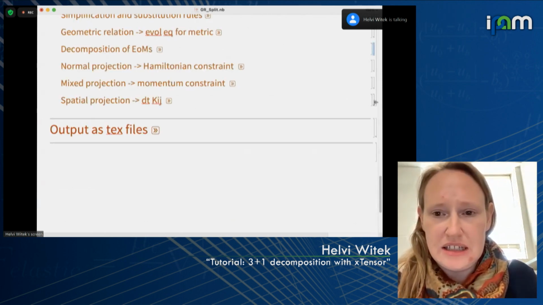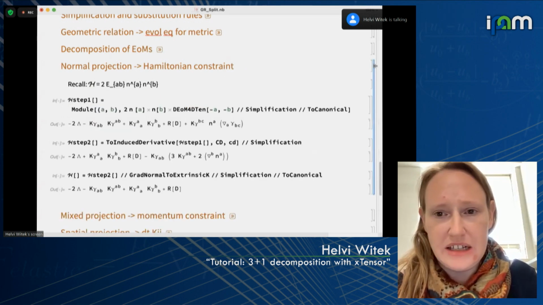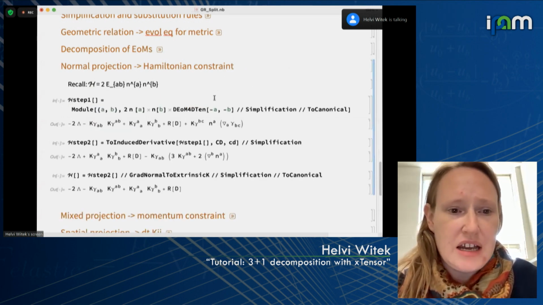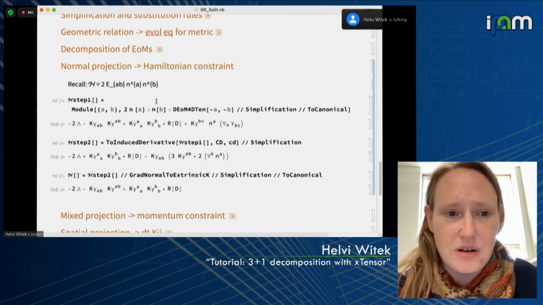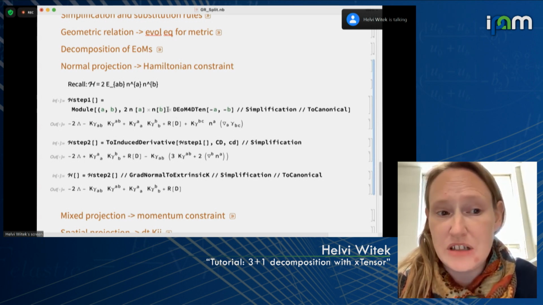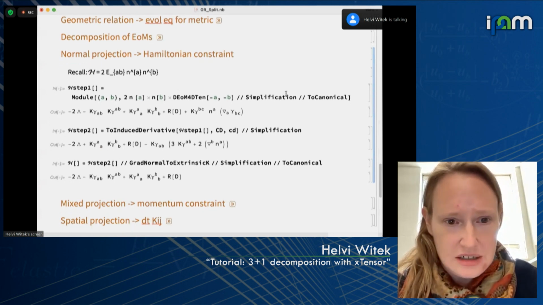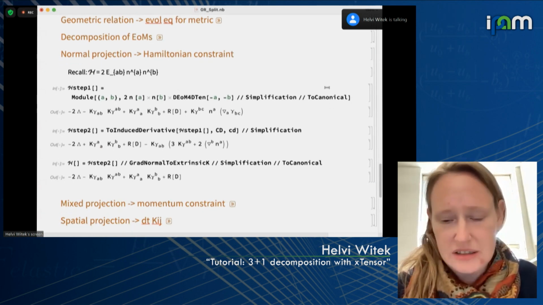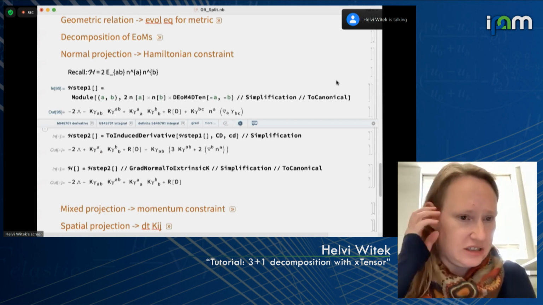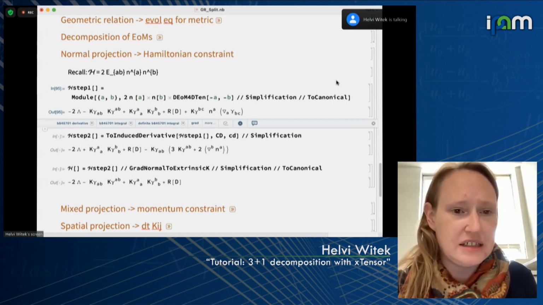So let's take our lengthy expression that we just derived and contract it in both indices with a normal vector. So this is essentially what gives us a Hamiltonian constraint. And if I do this, this is what I have here in the first steps. I actually already printed out all the details.